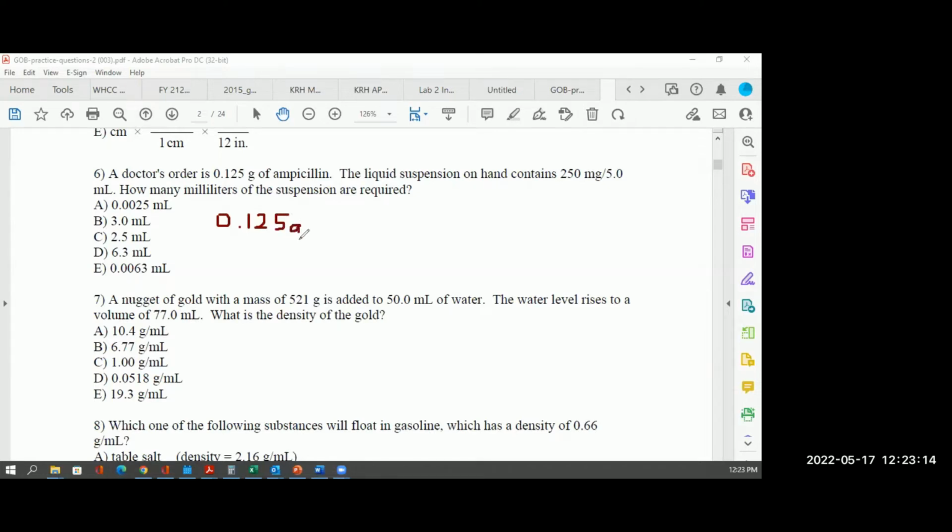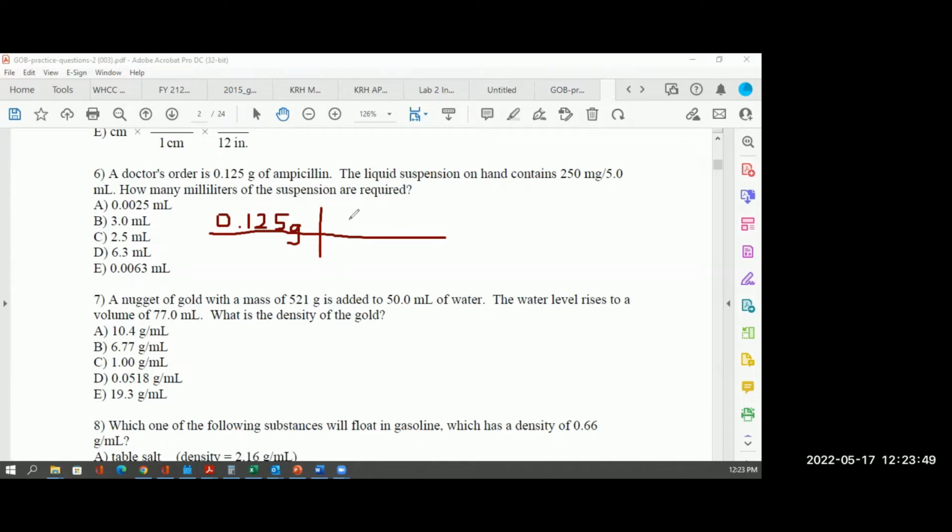Now if we look at those units, this is milligrams and this is milliliters. So how do I get from grams to milligrams? How many milligrams are in a gram? 1,000.